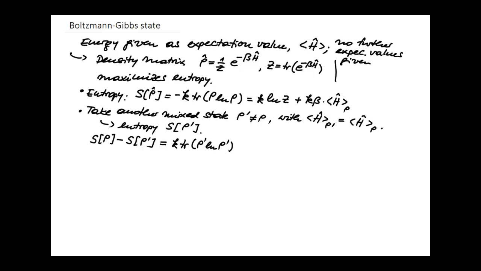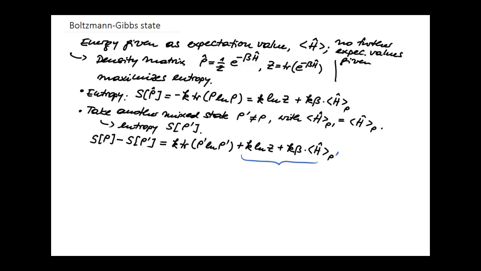And then we have the entropy of rho, and for that I use the form above, that this is k log Z plus k beta times the expectation value of the Hamiltonian in the state rho. But I said that the expectation value of the Hamiltonian in rho is the same as in rho prime. Both states give the same expectation value for the energy, so I can replace rho by rho prime.